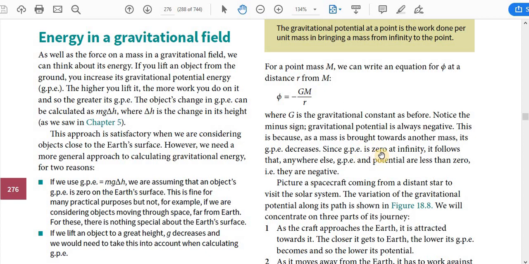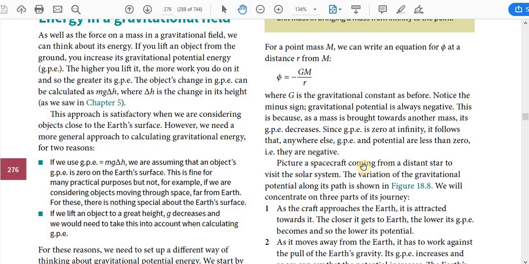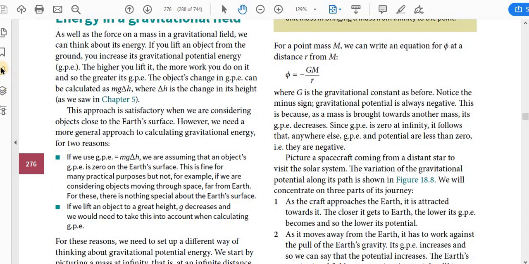Since GP is 0 at infinity, it follows that anywhere else GPE and potential are less than 0. That is, they are negative. So you should know this equation. Towards the end of this chapter, also in the summary, you can get this equation. We'll have a look.